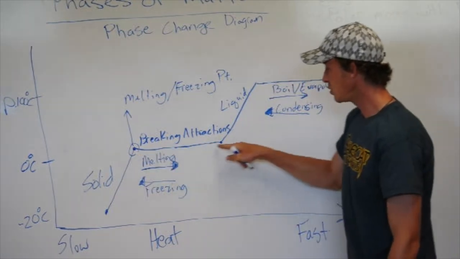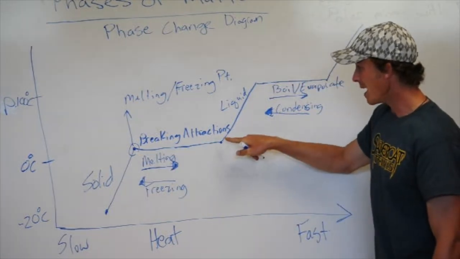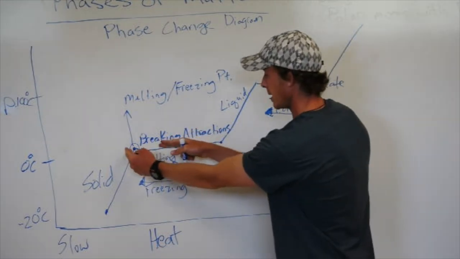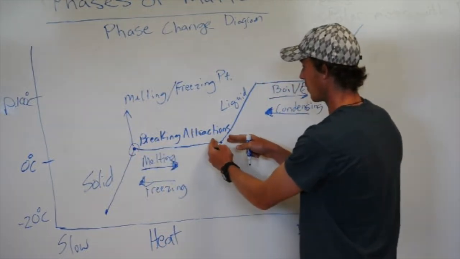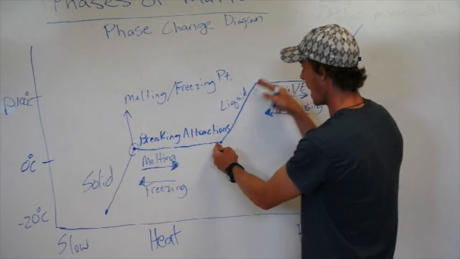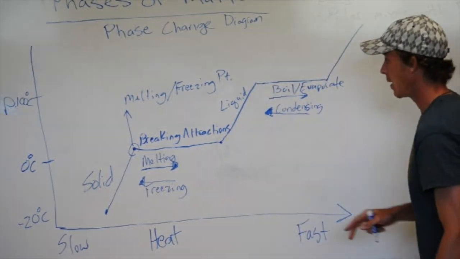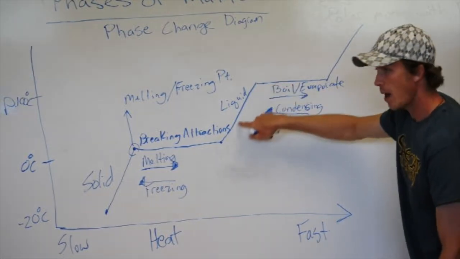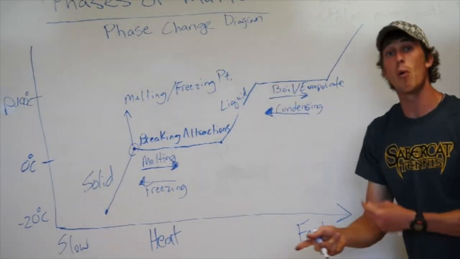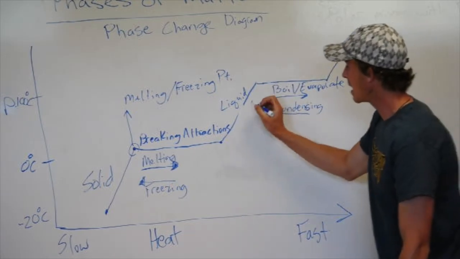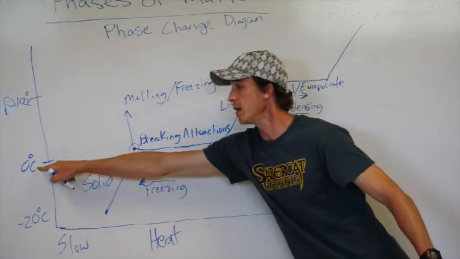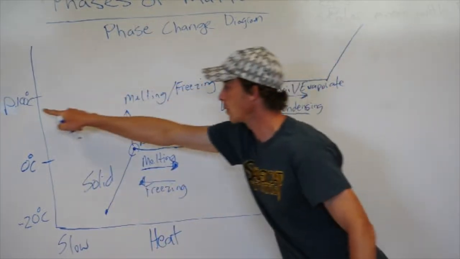So I am getting to a point where I'm going to melt it, and I'm going to get all the way over to a certain point where it's all a liquid. Now you can have water at a much bigger range. You can have warm water, you can have cold water. So this is a big range, right? From 0 degrees all the way to 100 degrees.